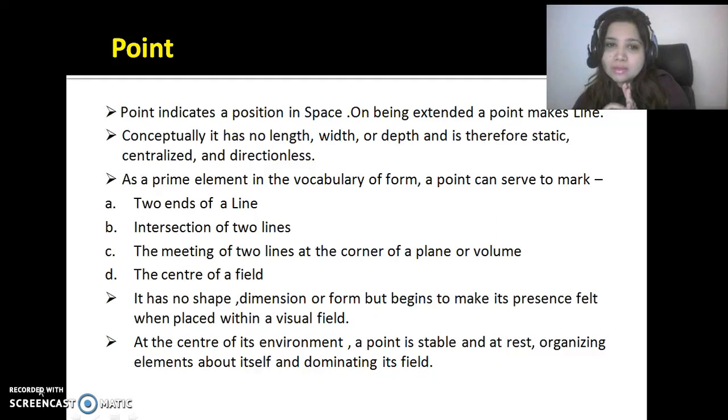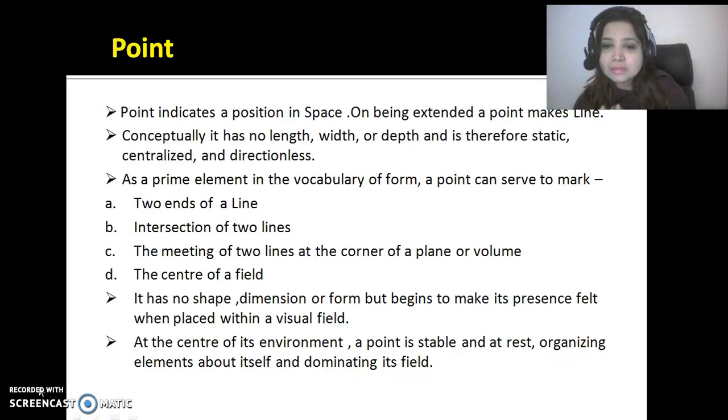As a prime element in the vocabulary of form, a point can serve to mark two ends of a line, intersection of two lines, meeting of lines at a corner of a plane or a volume, or the center of a field. When it is in the center of a field, it has no shape, it is dimensionless, and it has no form.